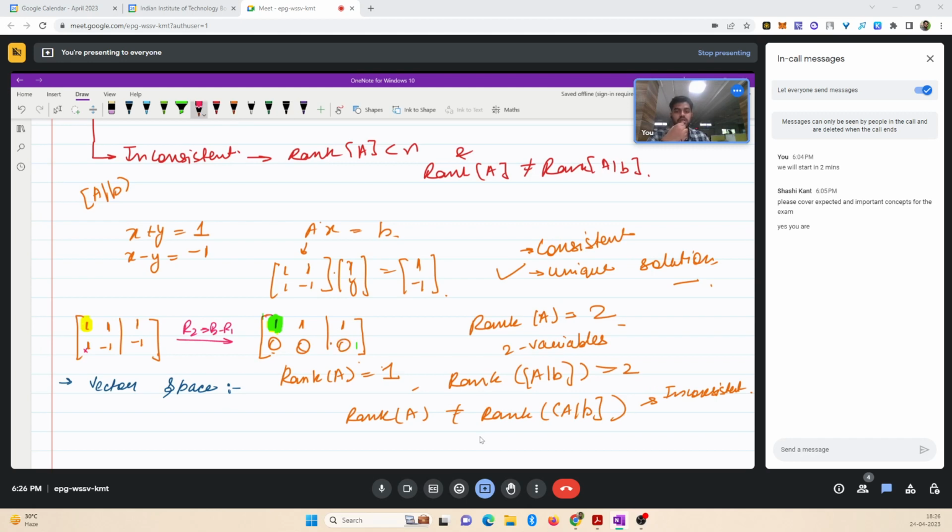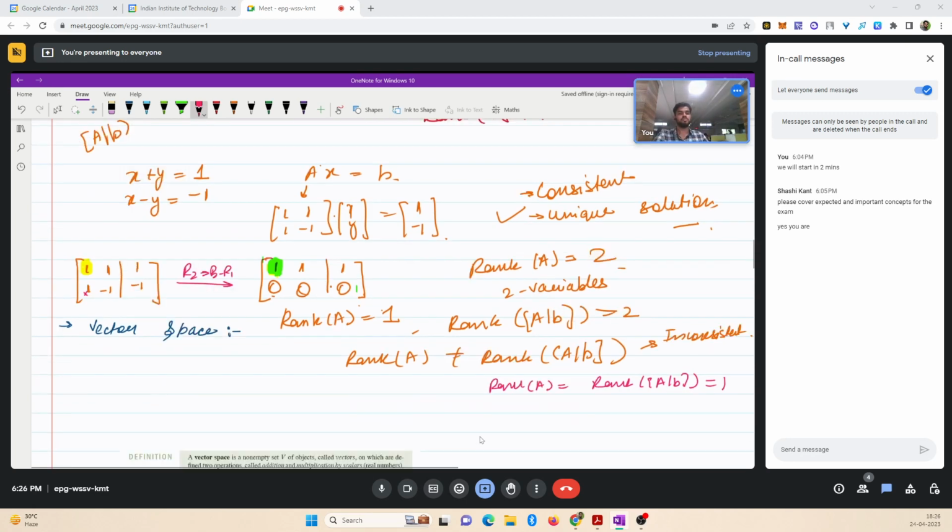Then rank of A is the same as rank of A augmented with B, which is 1. In that case, your system is consistent and has infinitely many solutions. So if you have, let's say, a 3 cross 3 example, then also this is the way you should approach it.